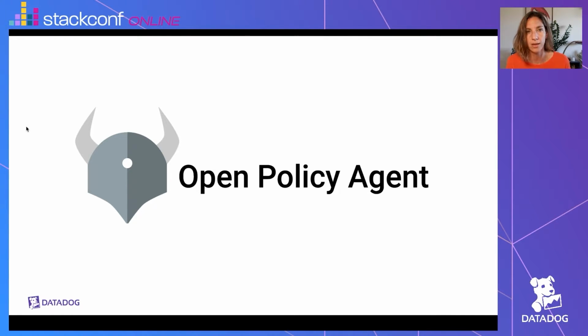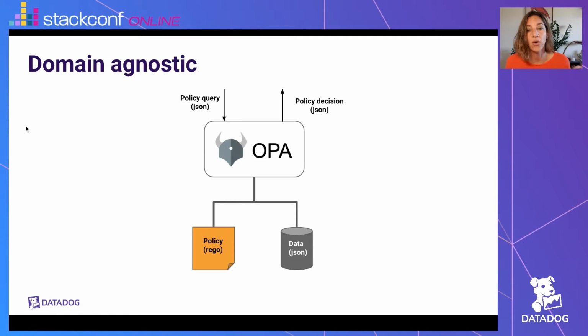OPA is a CNCF project that does exactly that. It tries to have a not domain-specific way to define your policy. So how does it do that? Basically, you can define your policy in a domain-specific language called Rego, and you can have some data stored about your objects if you want to.